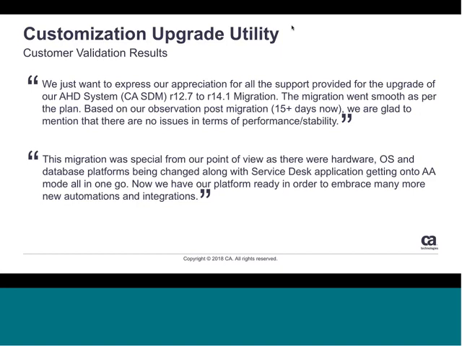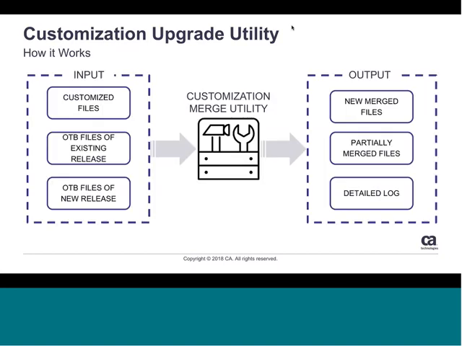Going a step further into detail, how the utility really works is in 3 steps. In the very first step, it will take the input that we have provided, the out-of-the-box files and the custom files of the existing release like 14.1, and it will identify the differences. So it will look at the 2 files and identify what are the lines that were added as customization.